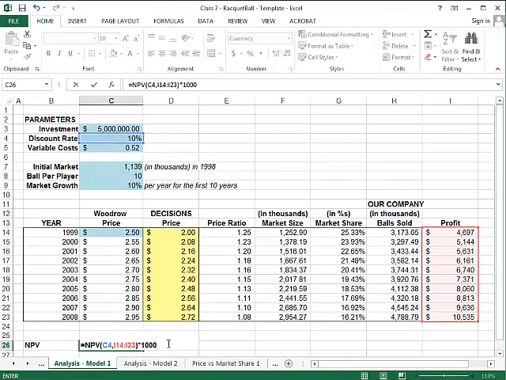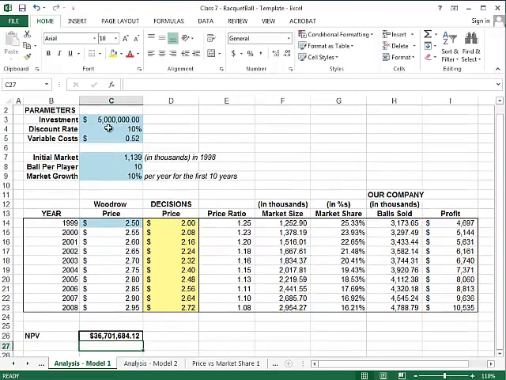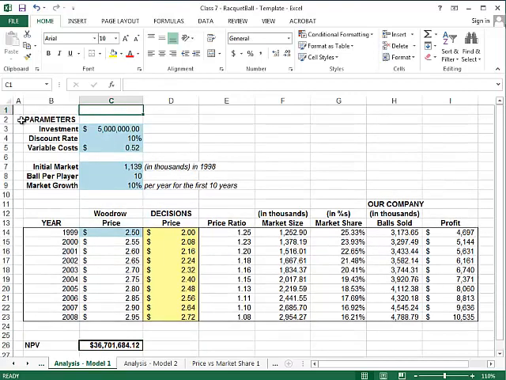So this will tell me the exact discounted cash flow of the profit. I'm going to say minus my initial investment. And then I hit enter, and I get that my net present value is around 36 million. So this is definitely an investment that's worth considering.